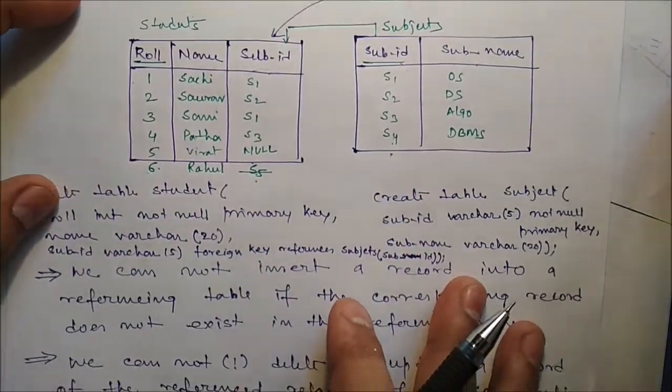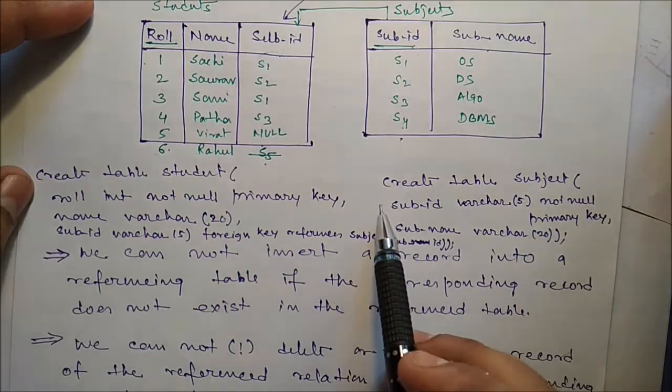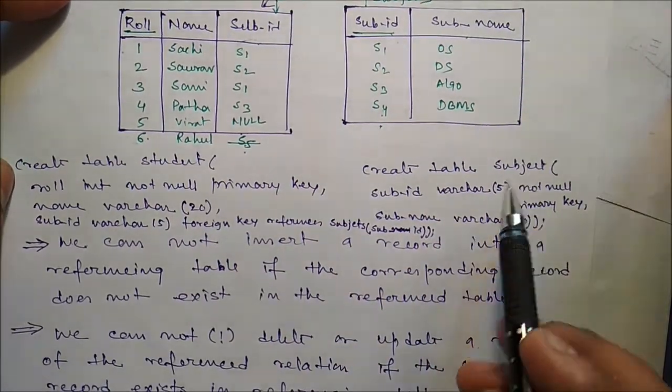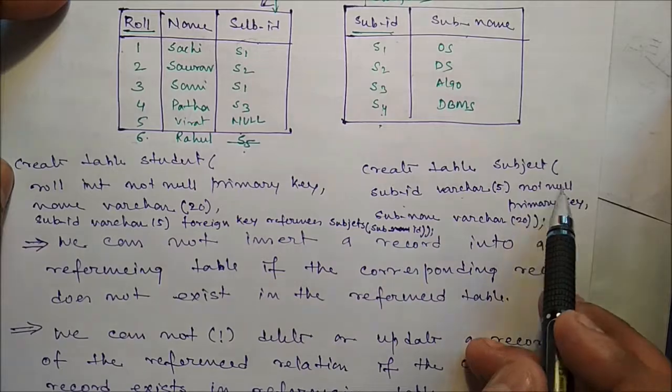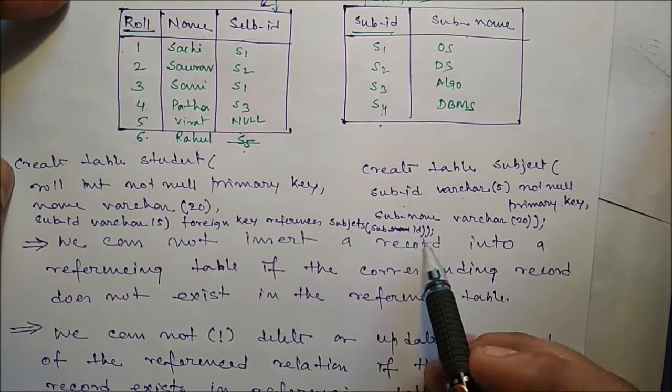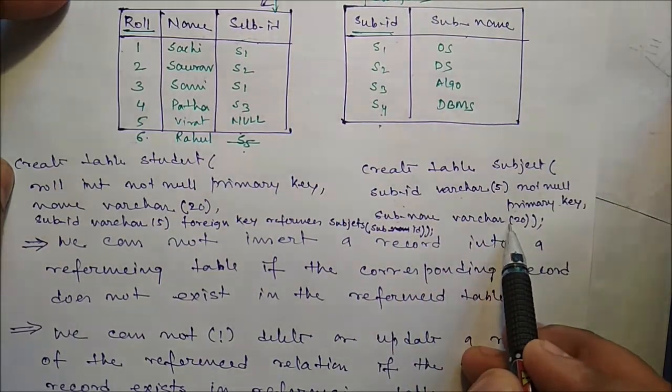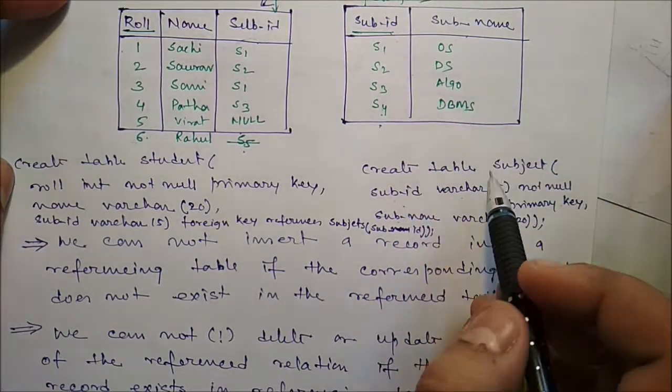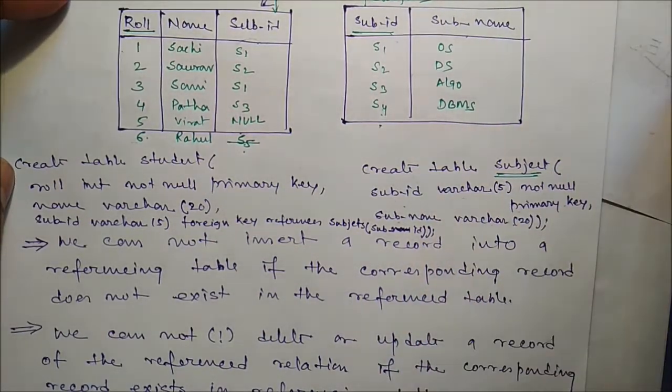Now we can see the SQL implementation. Create table subject, subject ID varchar 5 not null primary key. So subject ID is the primary key and subject name is varchar 20, through which you can access the subject.